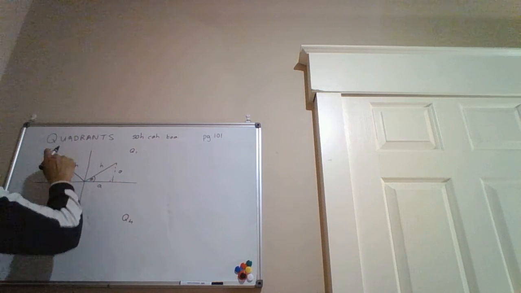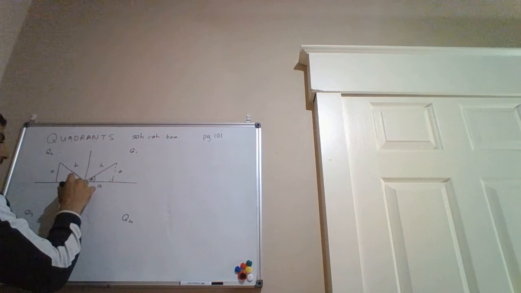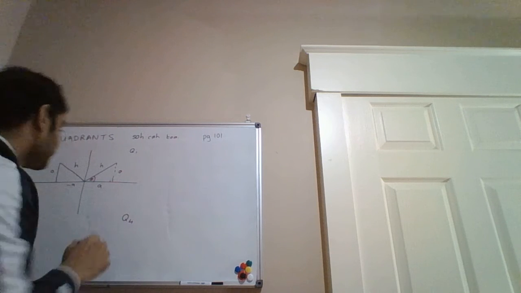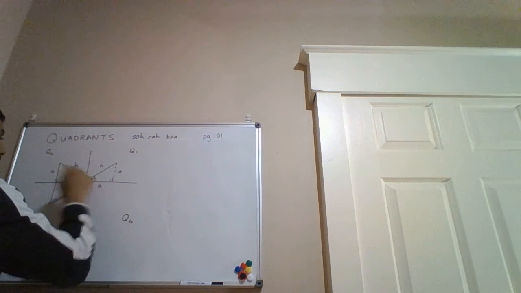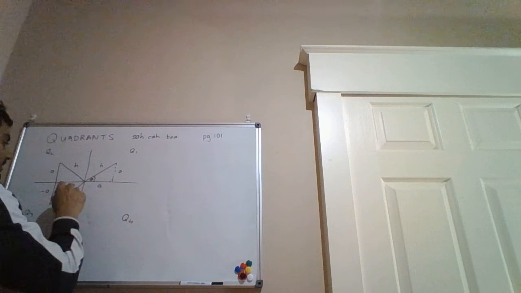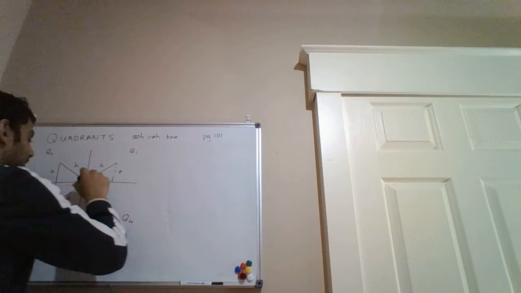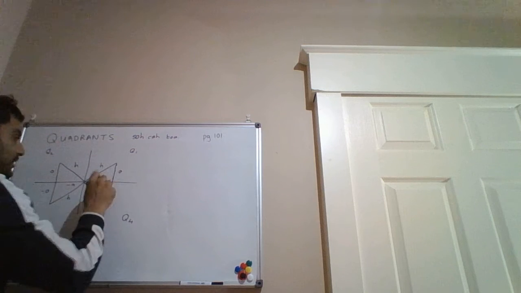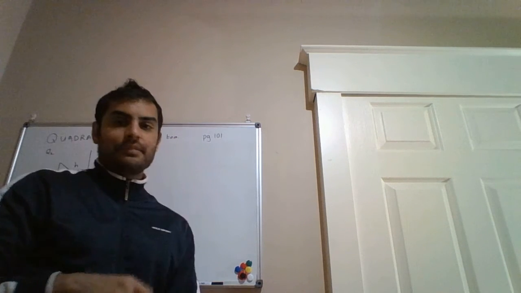Opposite remains positive because it's above the x-axis, but adjacent now changes sign because it's to the left of the y-axis. Next, for the third quadrant, we have opposite changing sign, hypotenuse remains positive, and for the last quadrant, we have adjacent staying positive and opposite becomes negative.